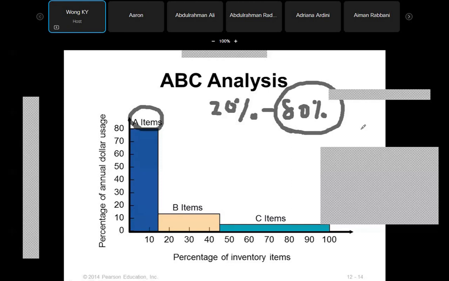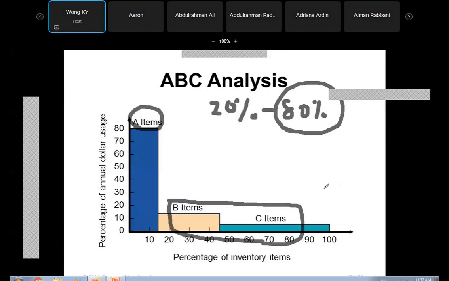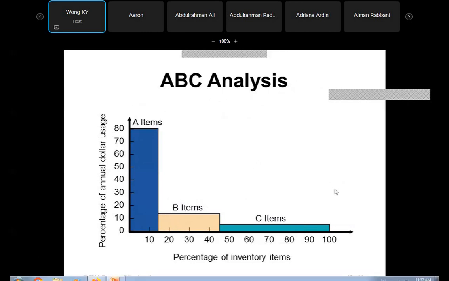The trivial ones you can pay less attention to because the values are not high. But the class A items have 80% of the value. So if we can manage the class A items properly, then we are managing about 80% of the total value. I hope you understand. Okay, next.